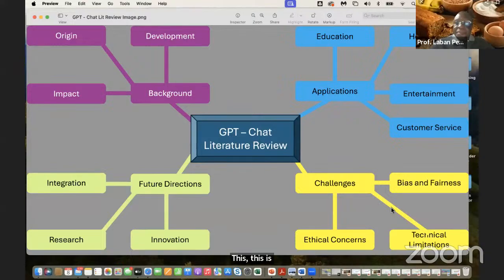This is the mind map. If I was doing a ChatGPT literature review, this is what I would have in my mind. Nataka mutafakari kwa hii in your own ways. Look at that. This is my literature review.